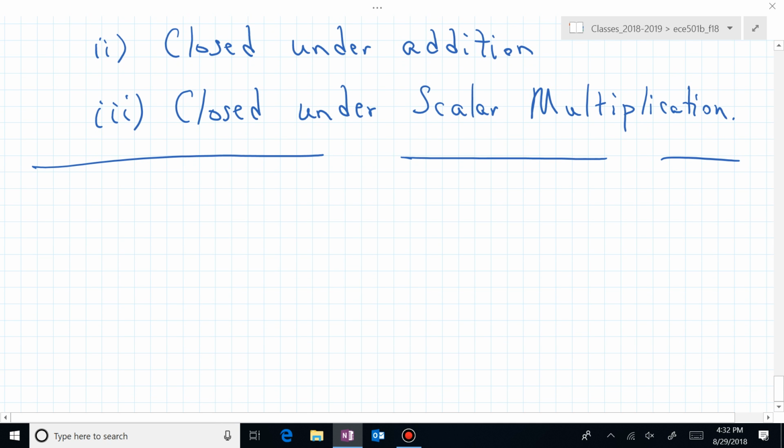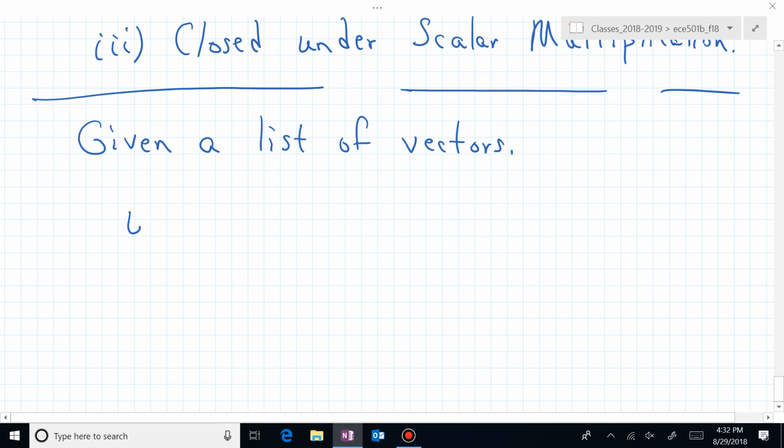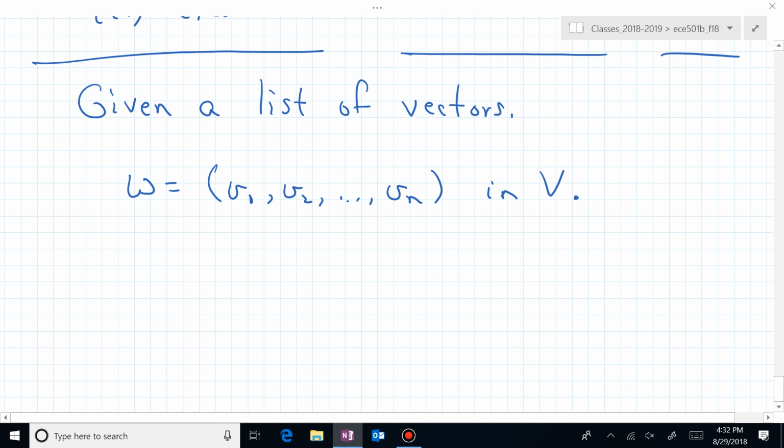Let's see what happens if we're just given, suppose we're given now a list of vectors. And let's call that list W. So we have V1, V2, up to V sub n, and those vectors are coming from our underlying vector space V. And we want to show that W, or the span of W, is a subspace.